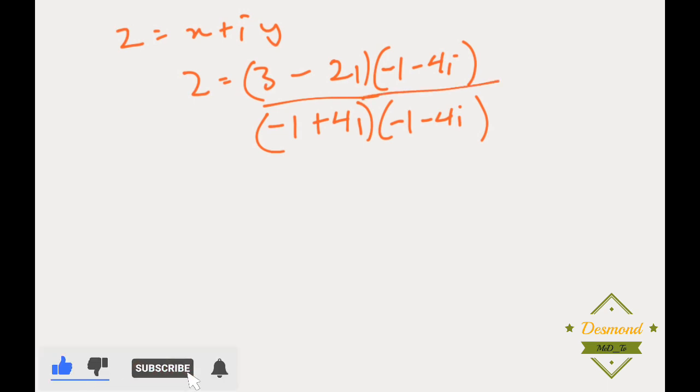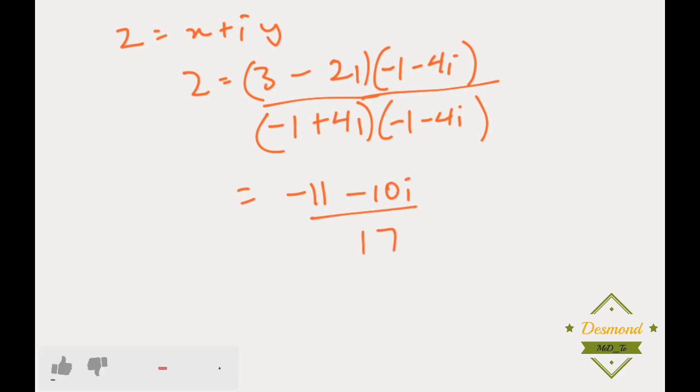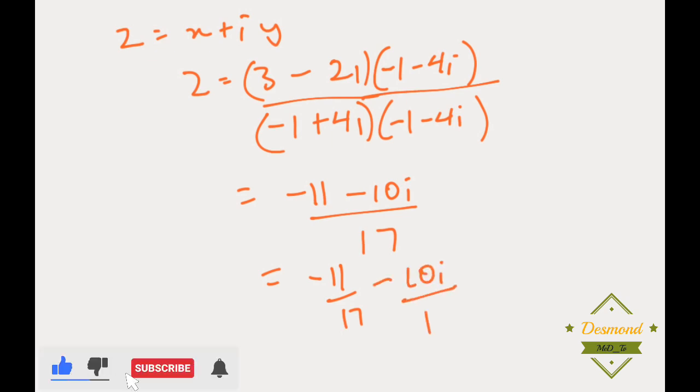And when we do it, we should get minus 11 minus 10i over 17. Then grouping like terms, the real part and the imaginary part, we get negative 11 over 17 minus 10i over 17. Then we are done.